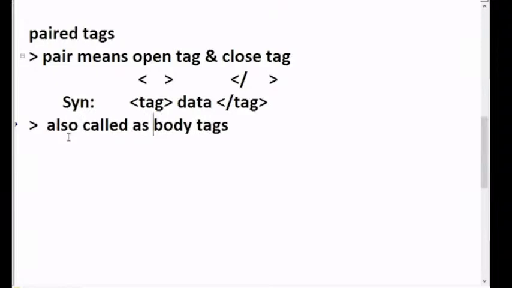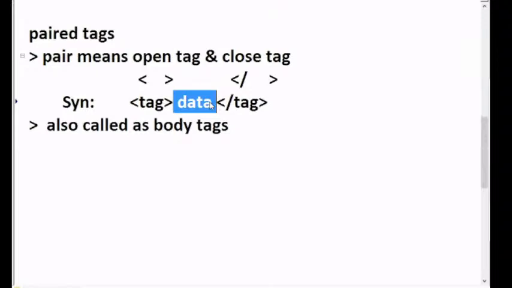Observe the syntax once. This is the tag opening and this is the tag closing. Between the open and close, whatever you type is counted as the body of the tag. So these are called body tags.